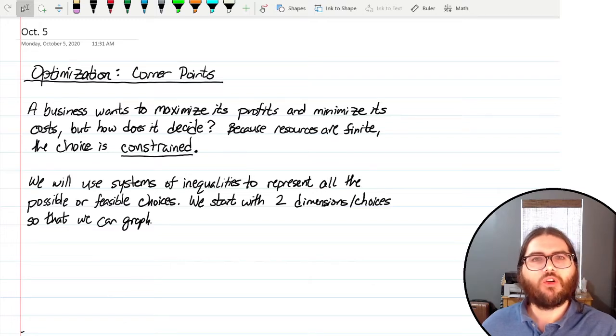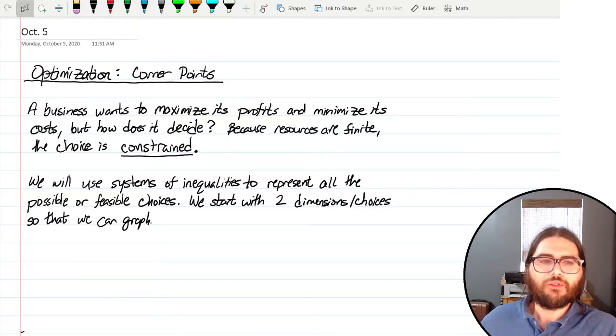For linear inequalities, systems of inequalities usually had many solutions. As a matter of fact, we made a whole big deal about shading those regions and then finding the region which was double shaded, triple shaded, all the different shadings. And so when all of those things combine, we will apply those to optimization problems. The way that we apply them to optimization problems is we basically make our reality into inequalities.